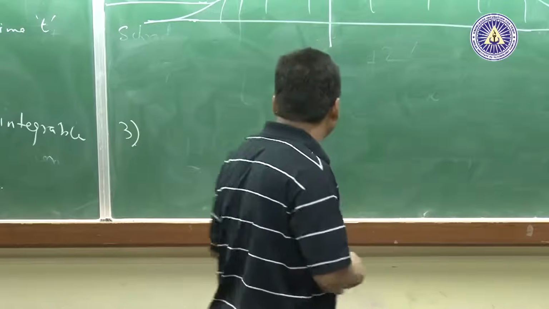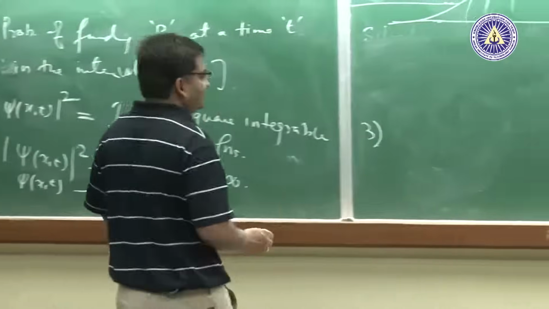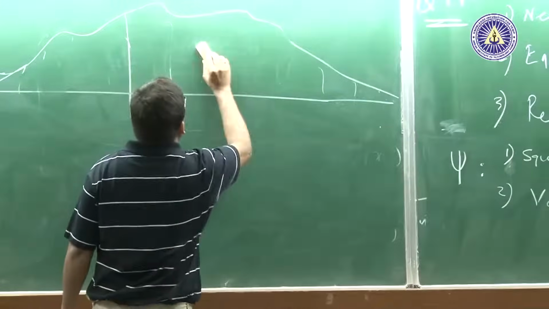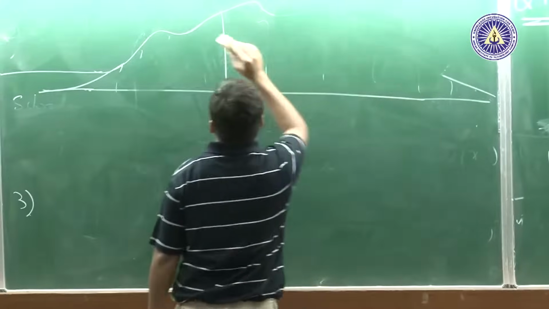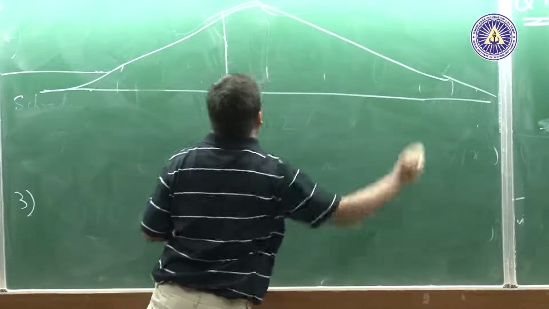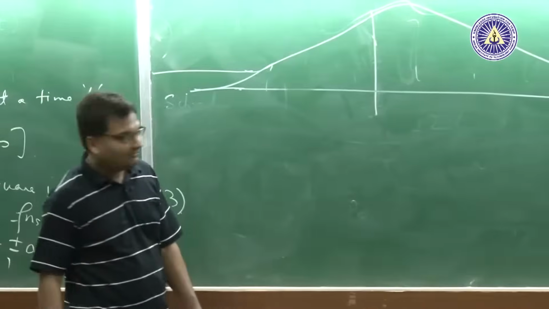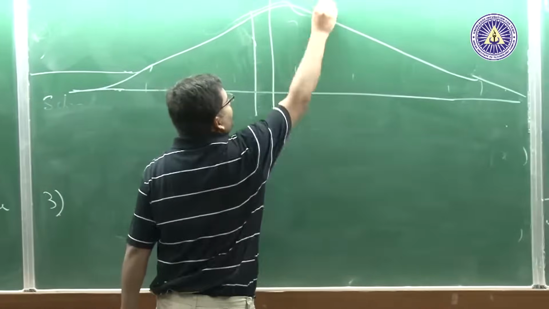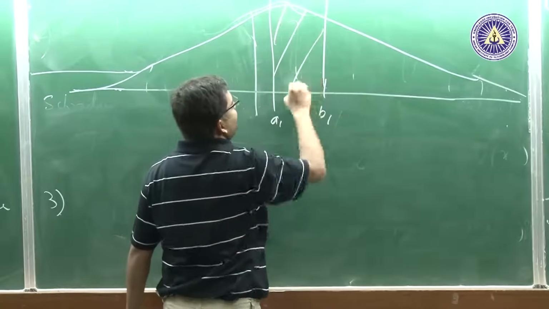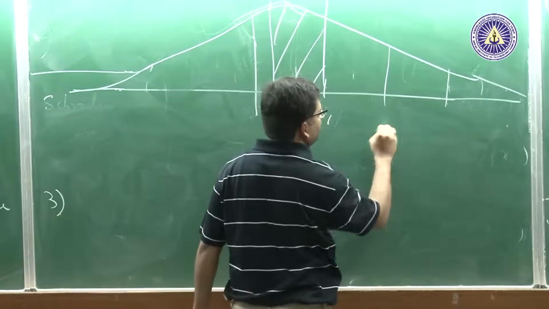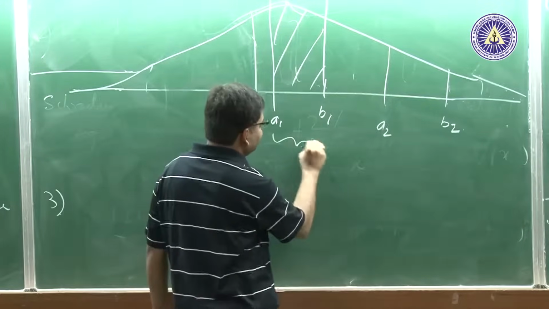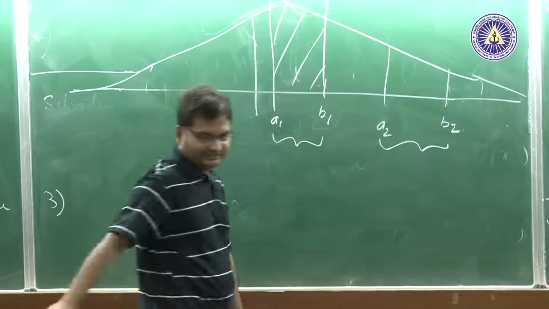Before that question, let me ask you, let me make it monotonic to make it easier. Suppose I have a wave function like this and I have an A1 B1 interval here, and I have an A2 B2 interval here, such that this is equal to this.